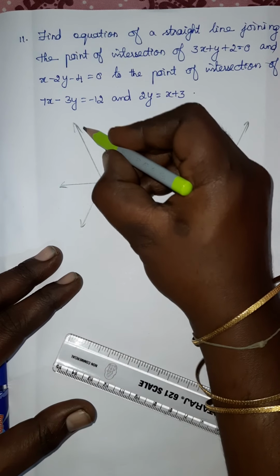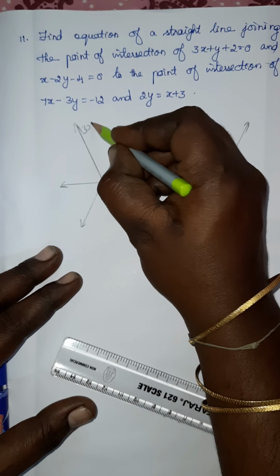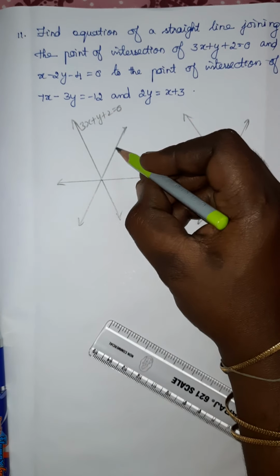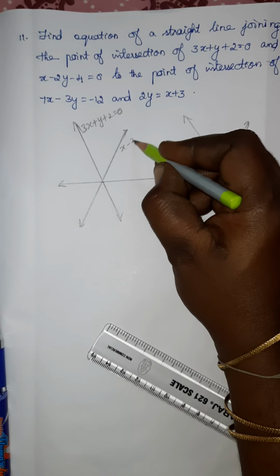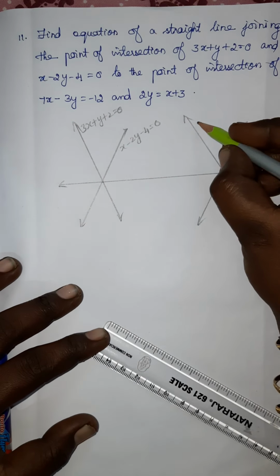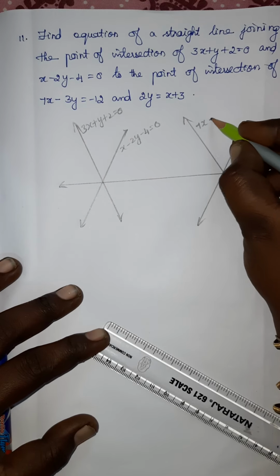First equation, it is 3x + y + 2 = 0. Second equation, it is x - 2y - 4 = 0. Third equation, it is 7x - 3y - 12 = 0. And the last equation, it is 2y = x + 3.